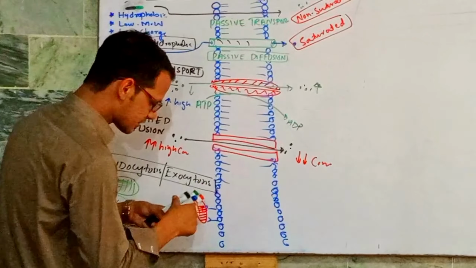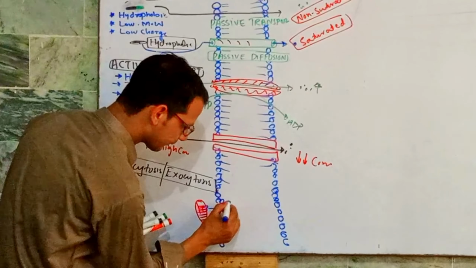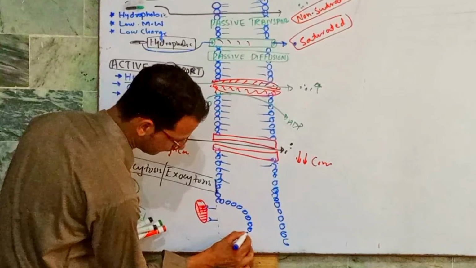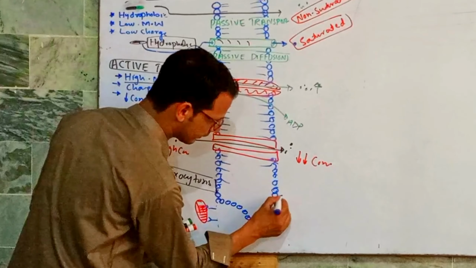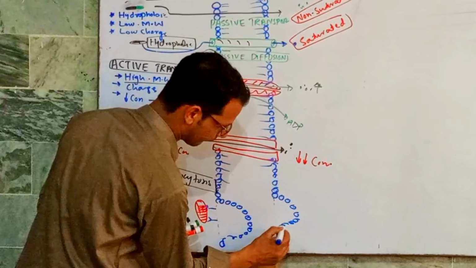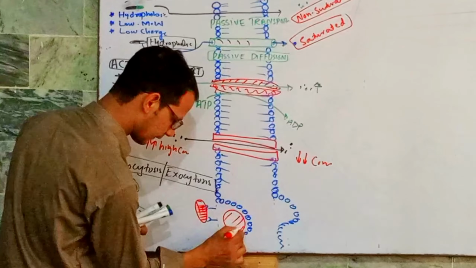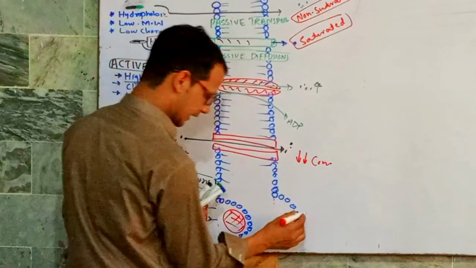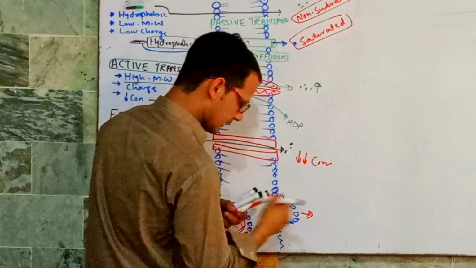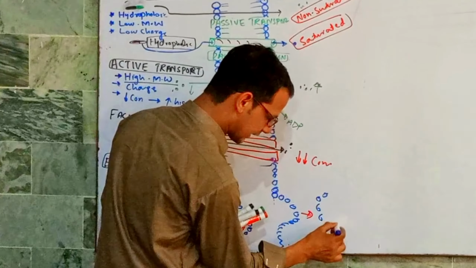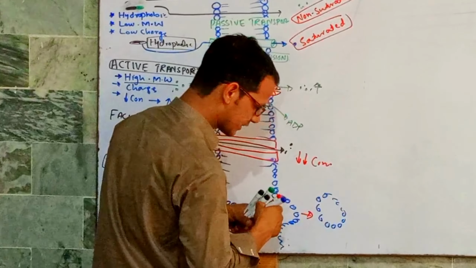From here the membrane starts folding inside, and this drug is trapped in this vesicle, and at last the drug is enclosed in the vesicle.